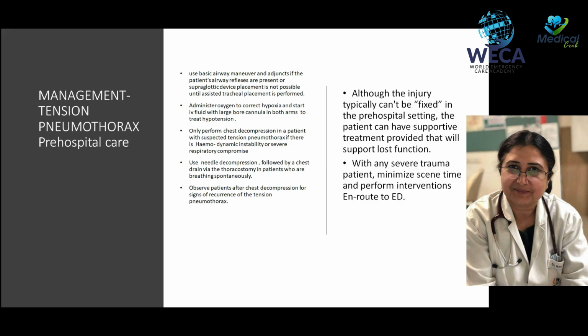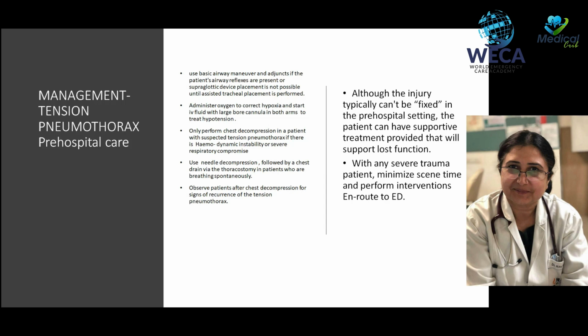Start IV fluids with large bore cannulas in both arms to treat hypotension. Perform chest decompression in a patient with suspected tension pneumothorax only if there is hemodynamic instability or severe respiratory compromise. Use needle decompression followed by a chest drain via thoracostomy in patients who are breathing spontaneously.